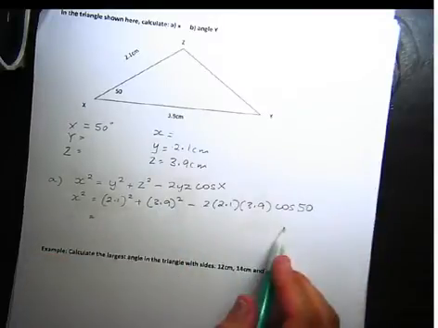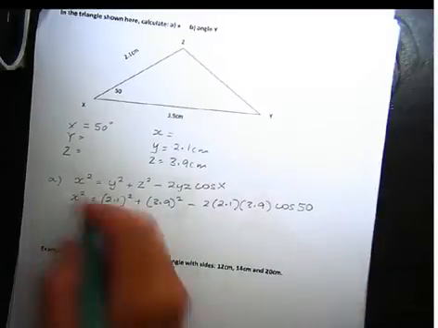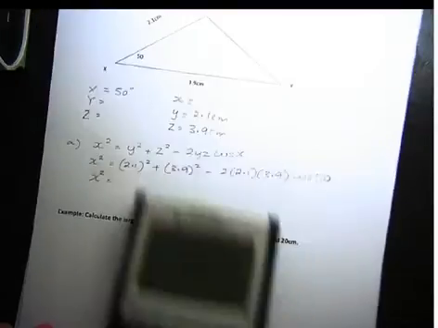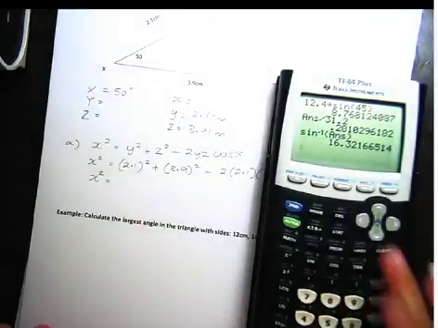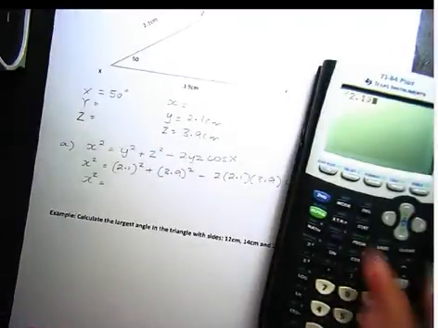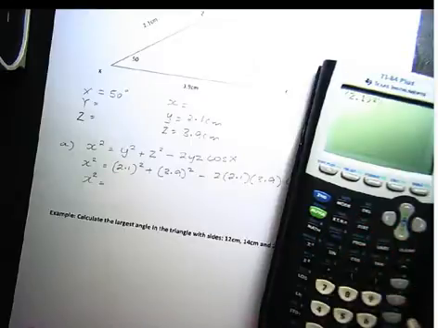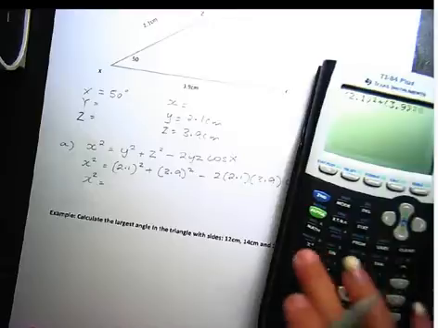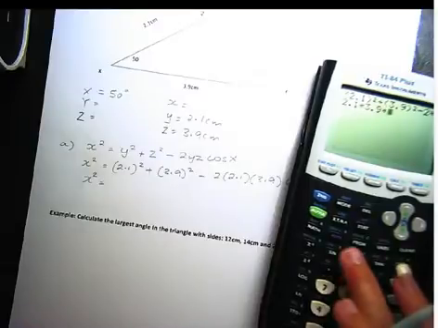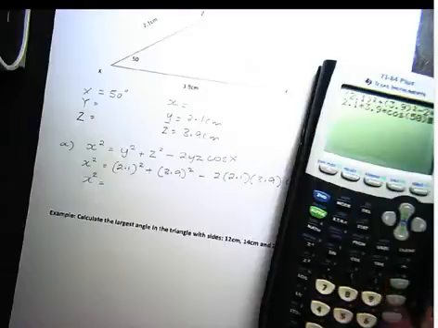Now you can do this in just one go if you want to. And remember, this is what x squared equals. So we are going to have to find the square root at the end. Okay, so 2.1 squared plus 3.9 squared minus 2 times 2.1 times 3.9 multiplied by cos of 50.